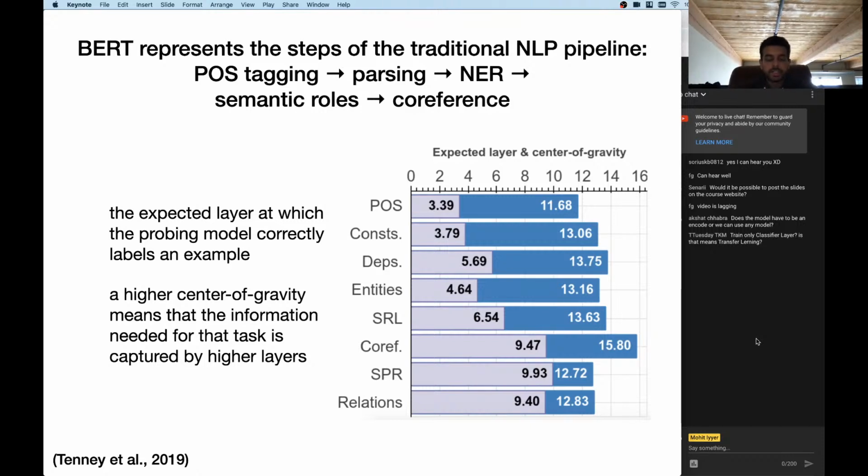Okay, so there was this paper by Ian Tenney and some colleagues on how BERT, within its layers, has essentially learned the traditional steps of the NLP pipeline that people used to do pre-neural models.